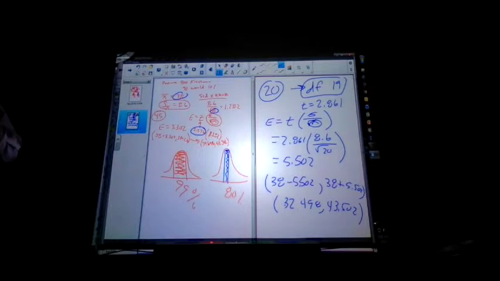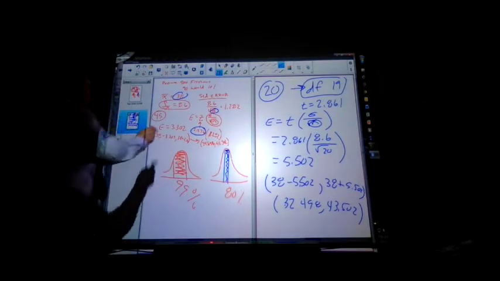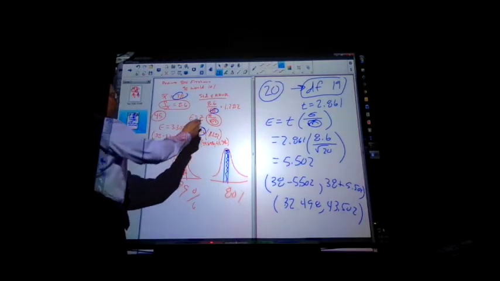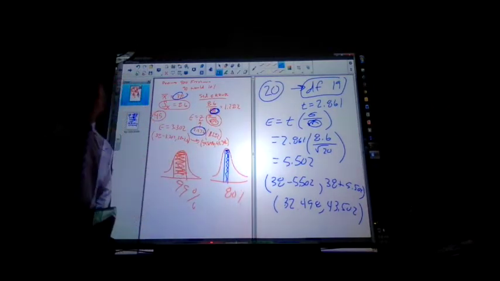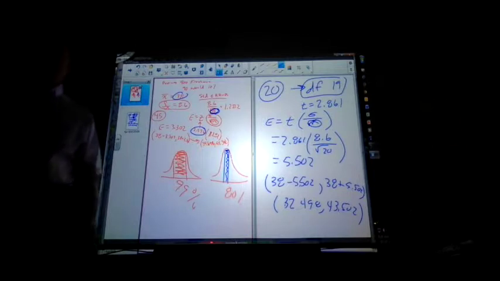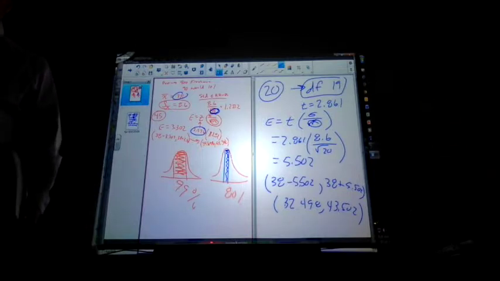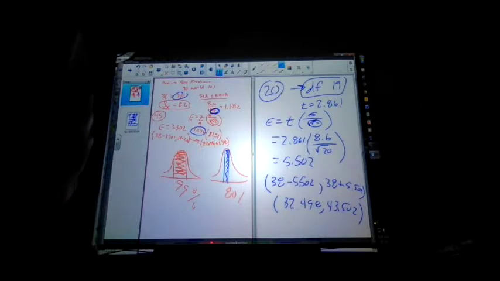Why is it t there and z there? The reason it's z here is because I'm sampling 45. I'm sampling more than 30 people. So if I do more than 30, z. 30 or less, do what? t. No matter what the population is. There are tests that we're going to go through asking, was this random?